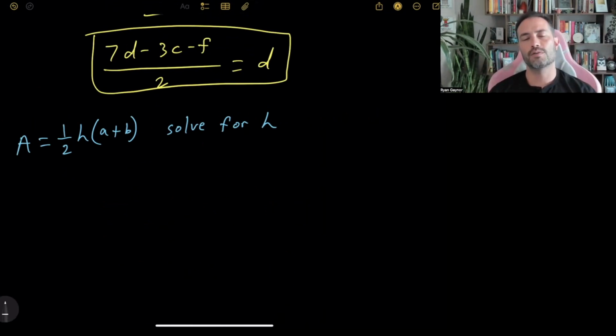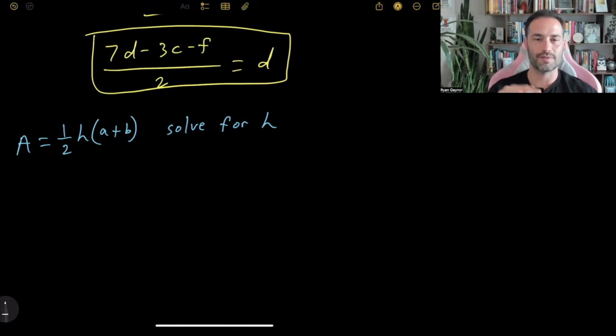So in order for me to get h by itself, again, I've got to get everything away from it. So the first thing I'm going to do is just do this step by step so you can really see it clearly. It says 1/2 h. I'm going to multiply by 2, because 1/2 times 2 will cancel it out. Dividing by 1/2 is the same as multiplying by 2, because the rule is multiply by the reciprocal, or keep, change, flip, right?